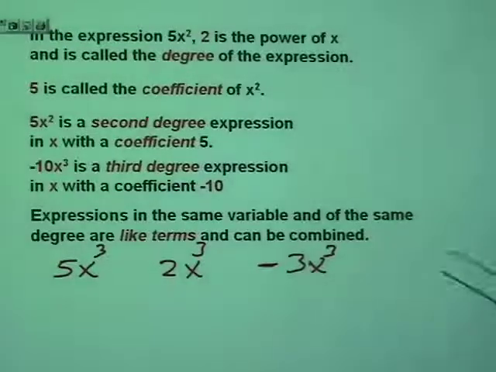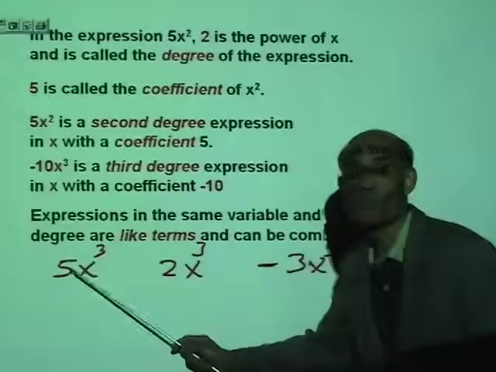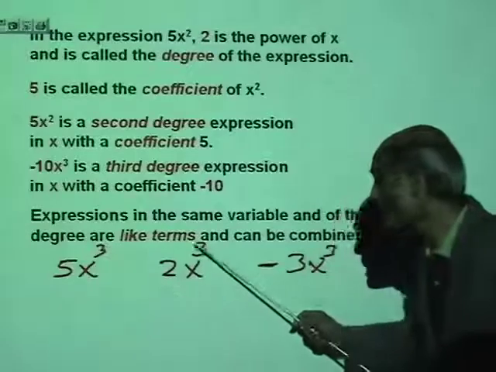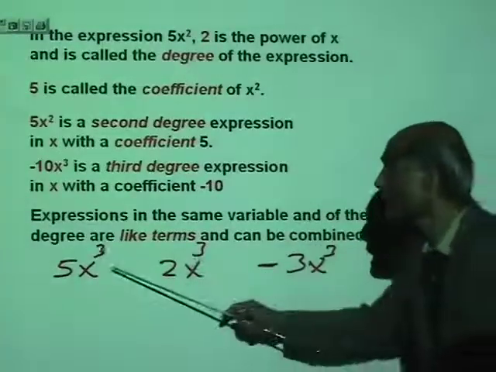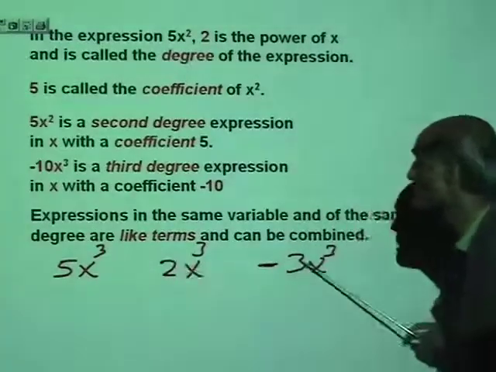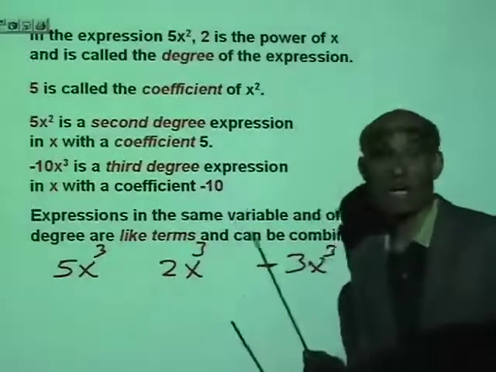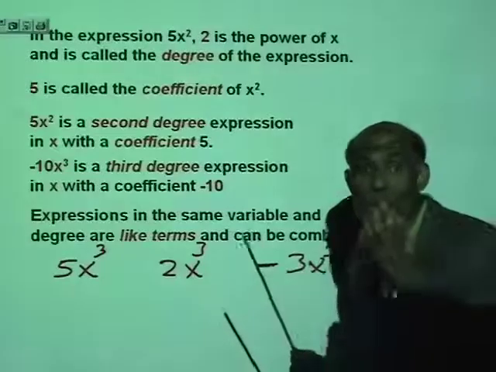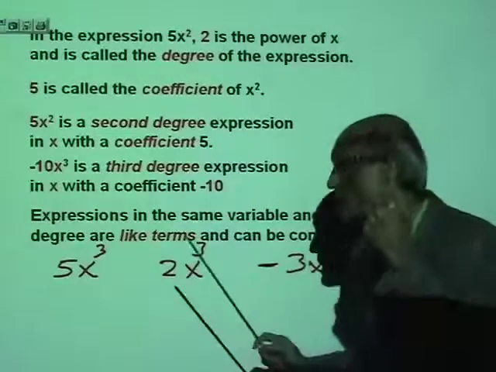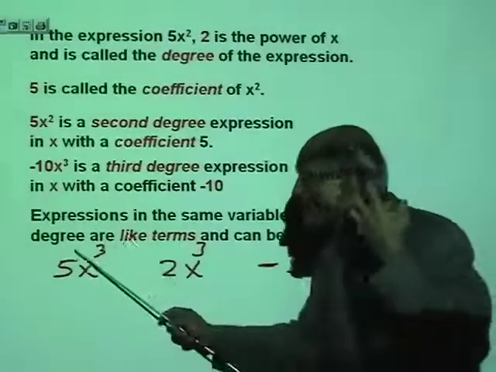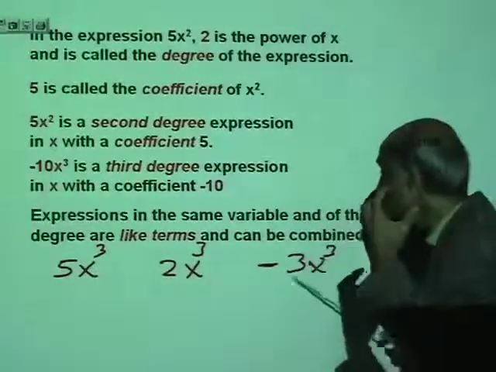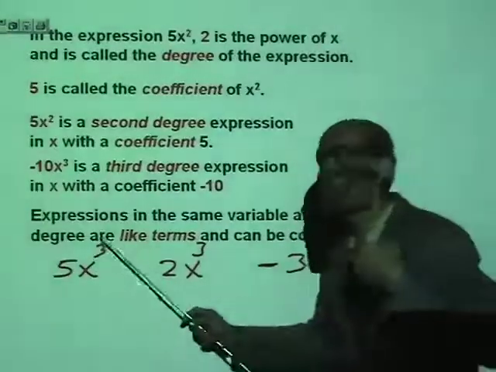They are all like terms. They are of the same degree and of the same variable. So, like terms are terms, not expressions, terms that have the same variable and the same degree.